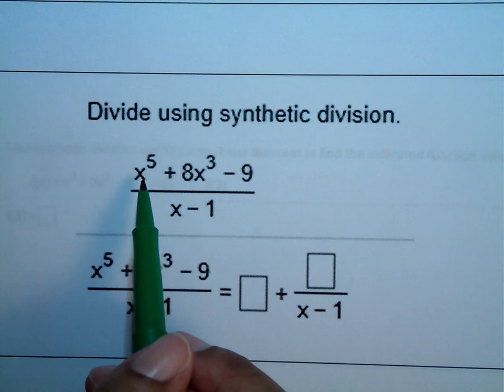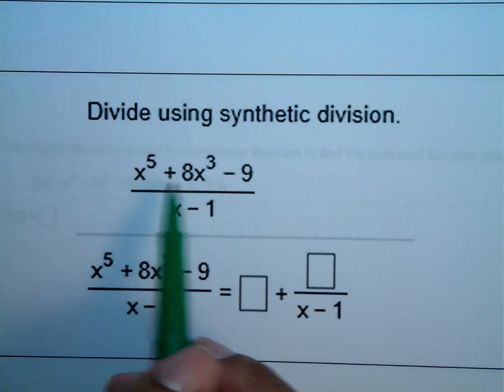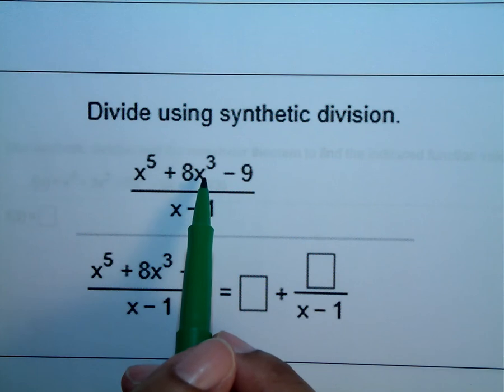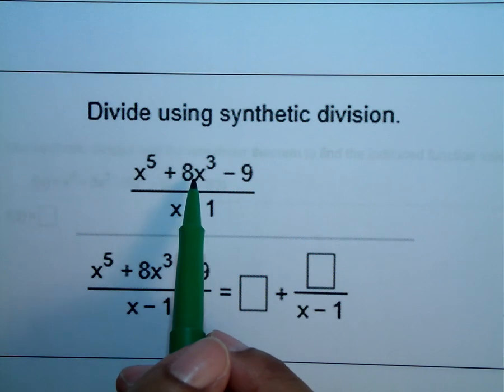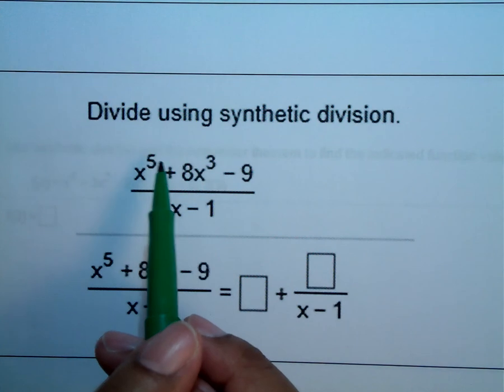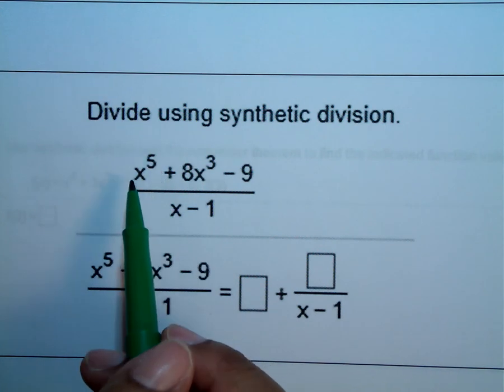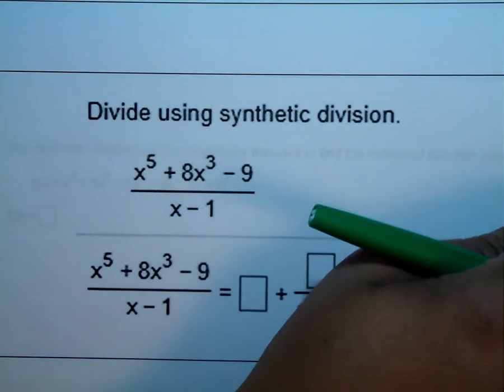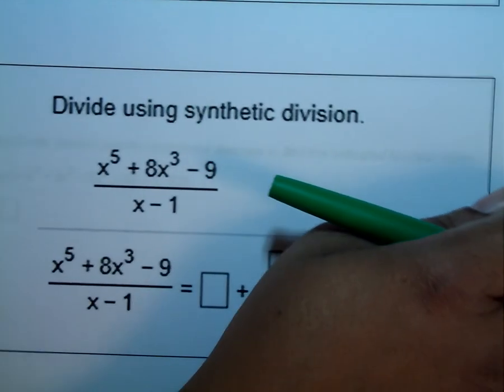Because I have x to the 5th, I don't have anything with x to the 4th on it. I have an x to the 3rd, but I don't have an x squared or x on it. So when you have problems like this, when you're doing synthetic division, you have to make sure you put a 0 to represent that spot or that number or that term.